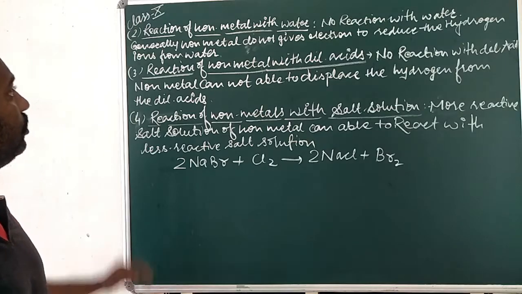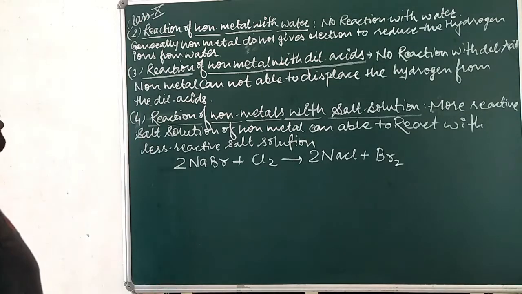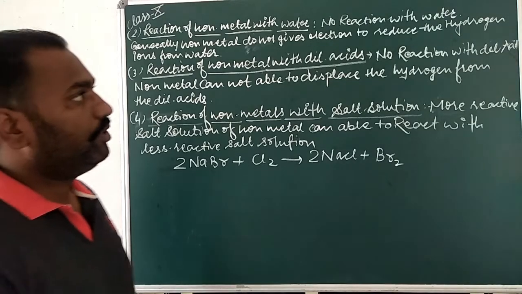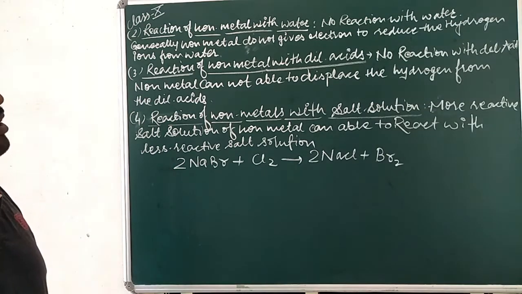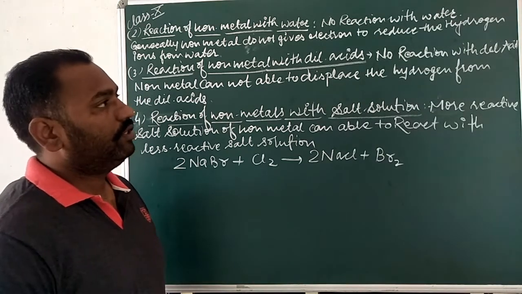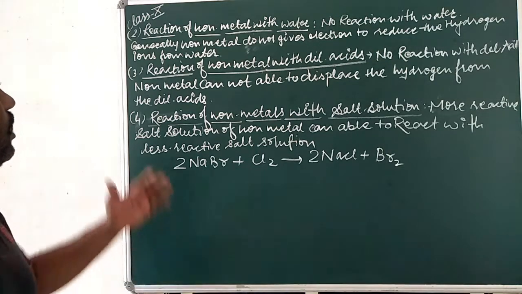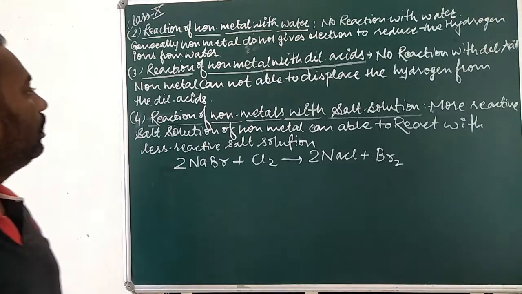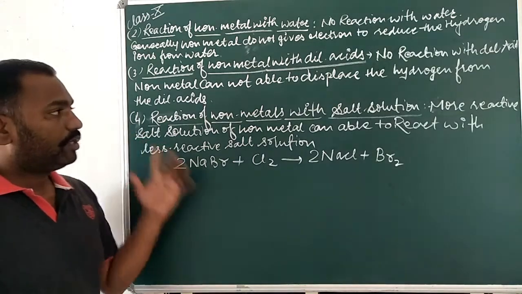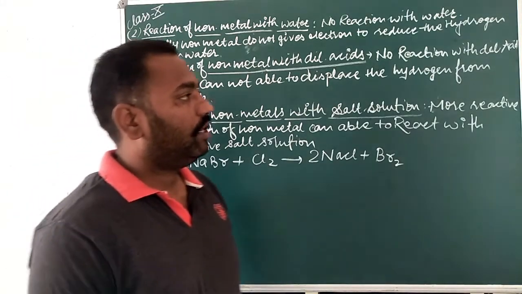So, the reaction of non-metal with water: no reaction, because non-metals do not give electrons to reduce the hydrogen ions from water. With dilute acids: no reaction, because non-metals cannot displace the hydrogen from dilute acids. With salt solution: a more reactive non-metal can displace a less reactive non-metal from its salt solution.